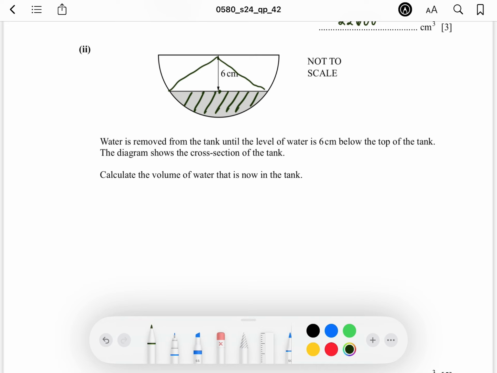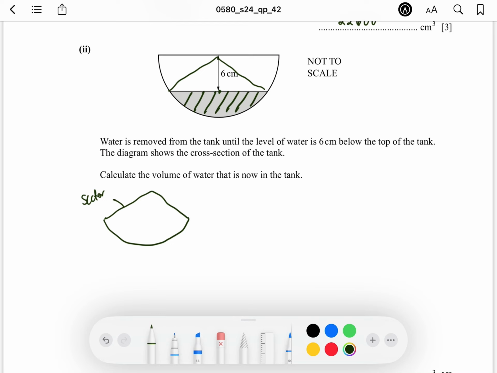In order for you to find that, we need to find the area of the whole thing, which is the area of the sector.